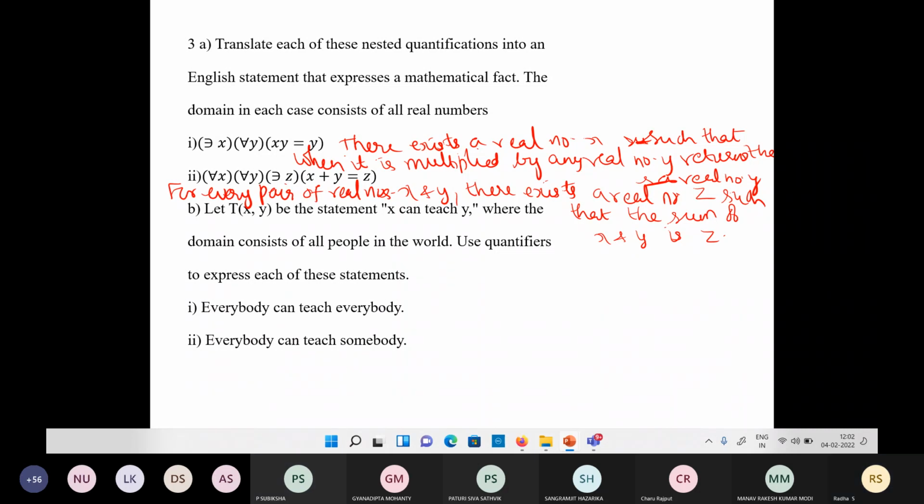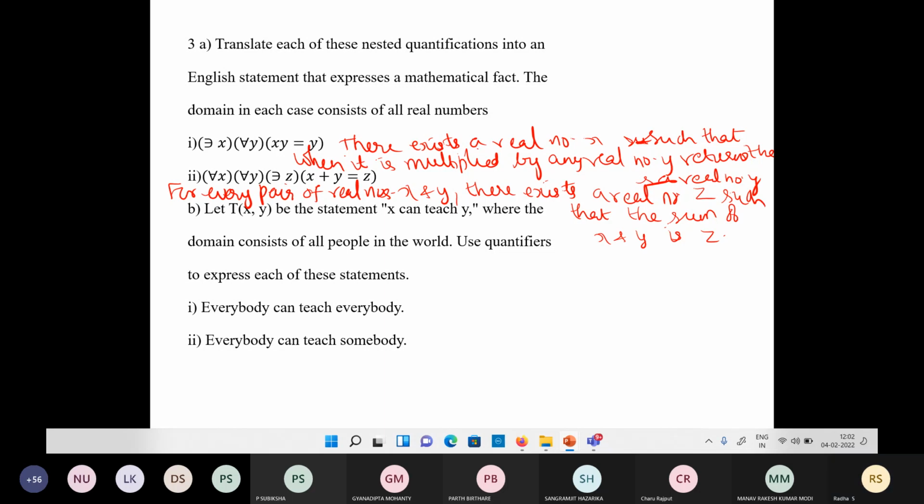Ma'am, can we write: for the sum of any two real numbers, there exists a number z which is also a real number? Okay. Correct. That is, the sum of every pair of real numbers is always a real number.